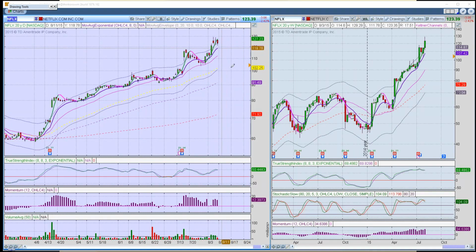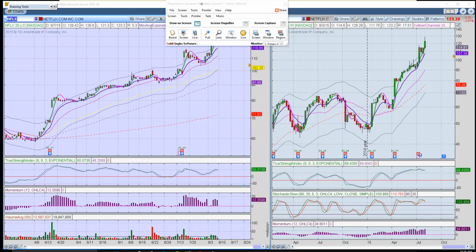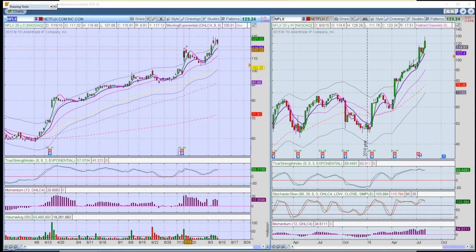If it fails here, let's say the TSI, which is turning over here in the upper reversal area, but the momentum is still looking good on a weekly basis. If it does break back down, where's it likely to break to? Well, the first place it's likely to break to is this level here.